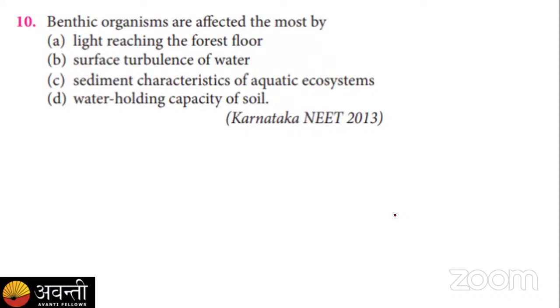Now, here we are talking about the benthic organisms, those living at the bed of the aquatic system, like river or lake, wherever they are present at the bed of those aquatic systems. Option A is light reaching the forest floor, B, the aquatic turbulence of water, C, the sediment characteristic of aquatic ecosystem, and D, the water holding capacity of soil.